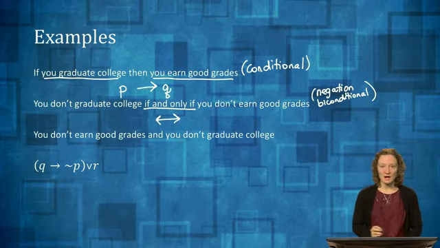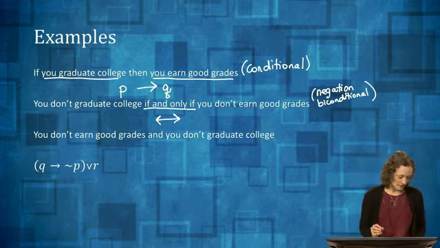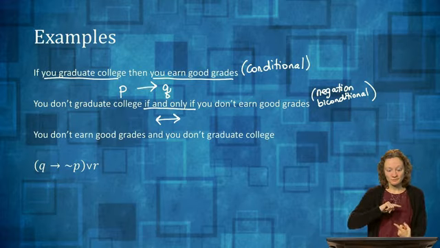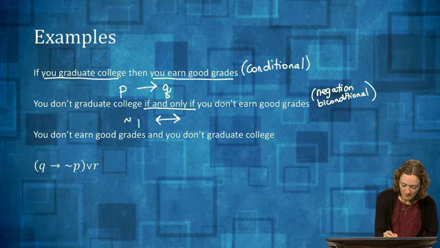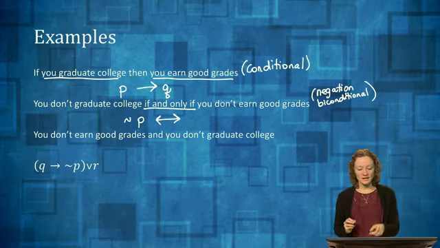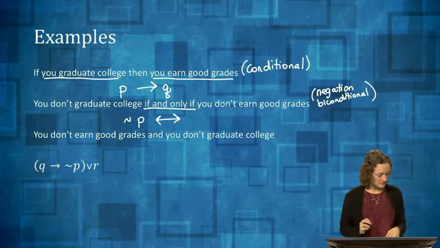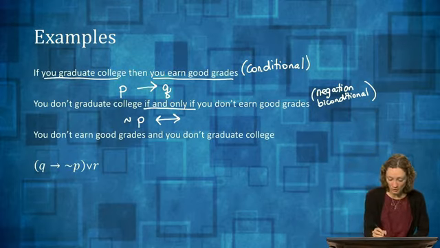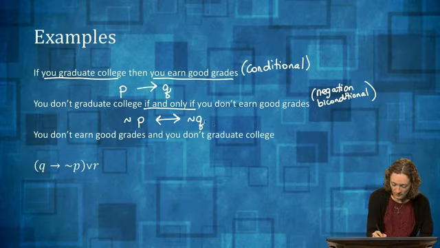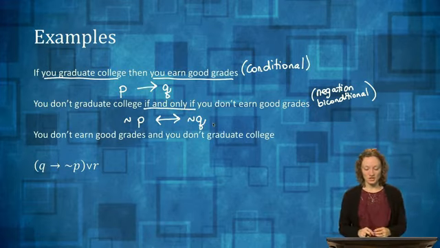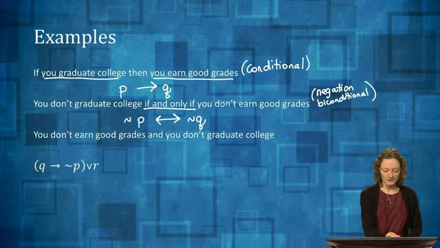You don't graduate college. What does that translate to symbolically? Graduate college is P, so don't graduate college is negation P. If and only if, arrow in both directions, you don't earn good grades. Idea Q is you earn good grades, so don't earn good grades is negation Q. And this is what it would look like symbolically.